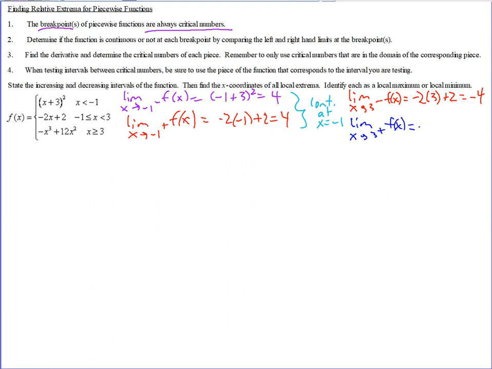That would be -3 cubed, 12 times 3 squared, -27, plus 108. So here, they're not the same. So this is not continuous at x equals 3. Again, the importance of that is that means 3 cannot be a relative min or max because it's not connected.